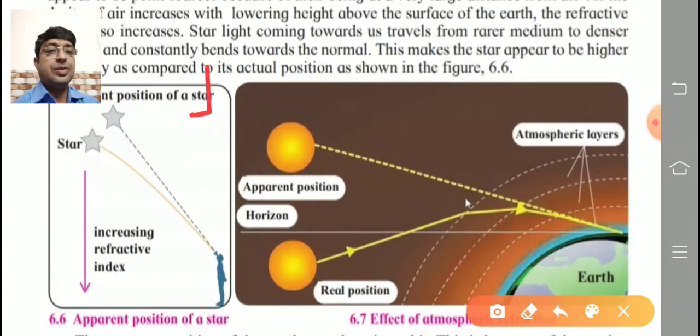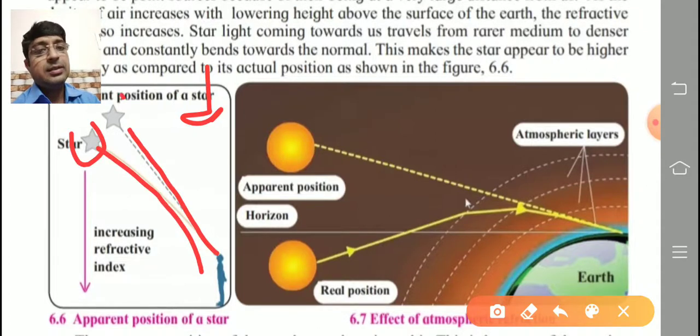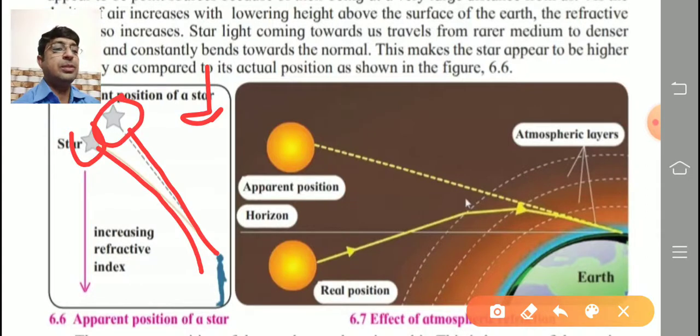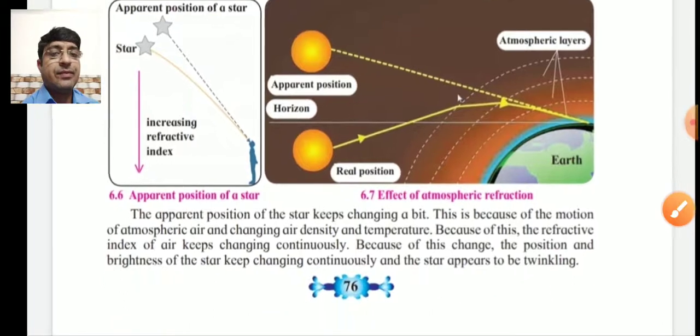Check here also. So this is the actual position, but bending of the light takes place, and that's why we observe this as the apparent position of the star. Observe in both the diagrams.